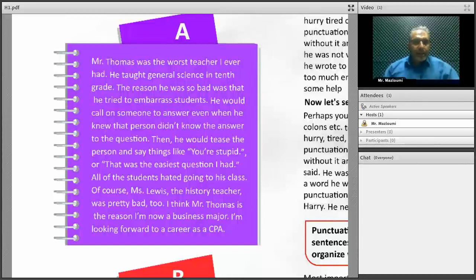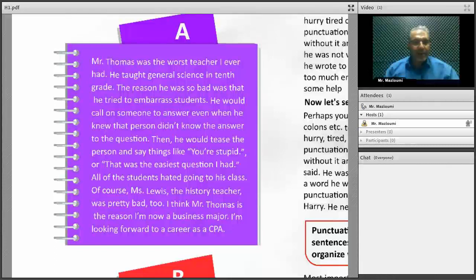Paragraph A. Mr. Thomas was the worst teacher I ever had. Poor Mr. Thomas. He taught general science in 10th grade. You know, grade means one of the 12 years at school. When you just start elementary school, you go to first grade, then you say I'm in the second grade, third grade, and it goes on and on.